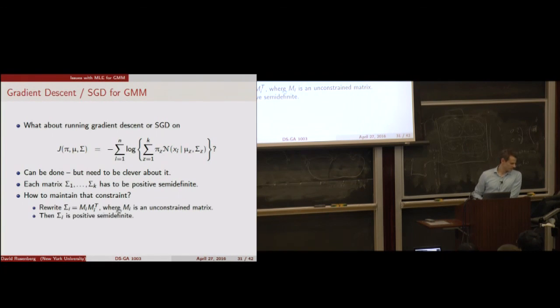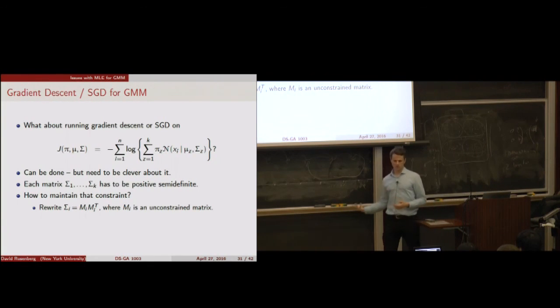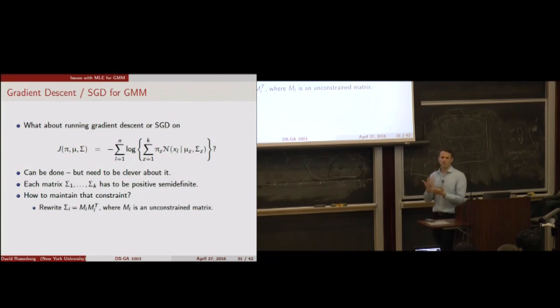This at least gets you positive semi-definite. This is from homework 4, maybe. Remember, every symmetric positive definite matrix can be written as a matrix times its transpose. And conversely, a matrix times its transpose is always positive semi-definite. So what if we parameterize every covariance matrix by another matrix M, which is kind of like its square root-ish?